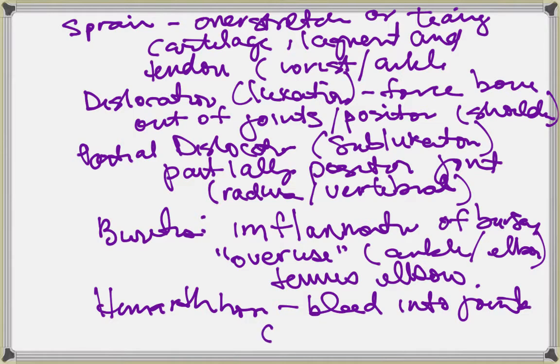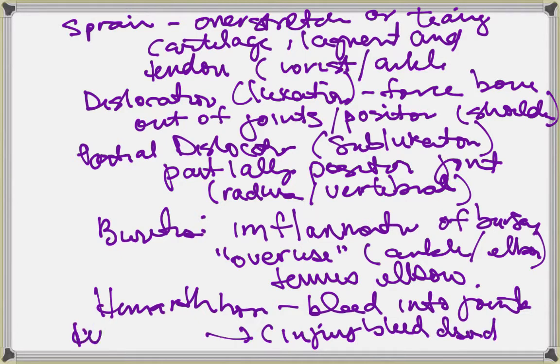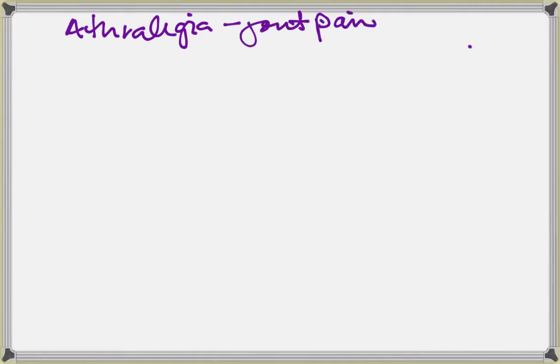It's normally caused by injury or a bleeding disorder or tumor or neurological condition. Arthralgia is basically joint pain. And it's associated with injury or arthritis.